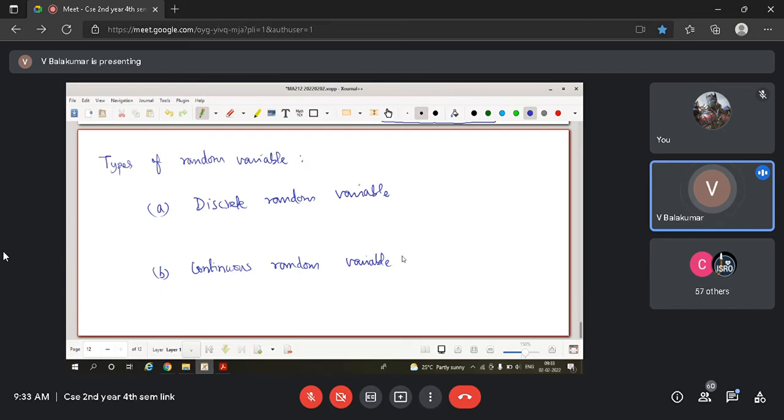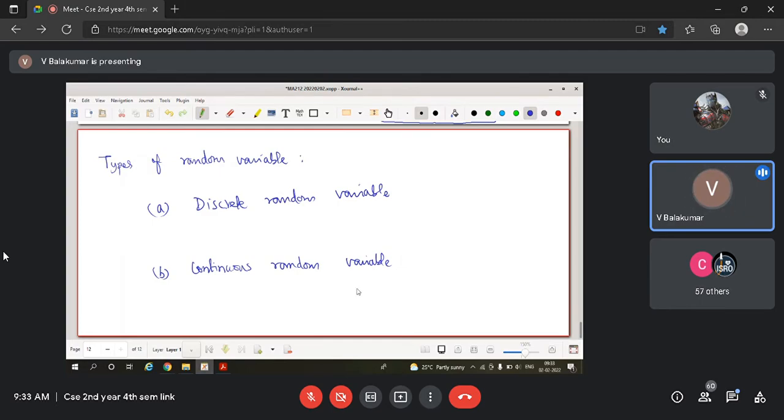Capital X equal to number of students in our class or number of students in a beta class at NIT Puducherry. It may be 30 or 60 or 59. The capital X takes values from 1 to 69, say for example, discrete numbers. Whereas this continuous random variable, we cannot split them, we cannot count them one by one.